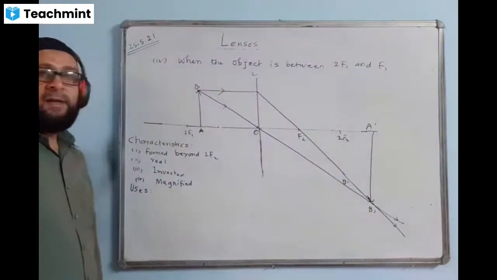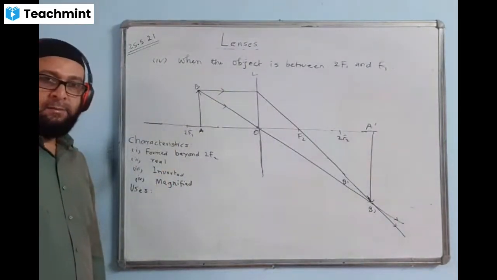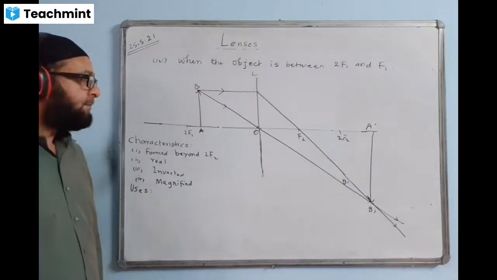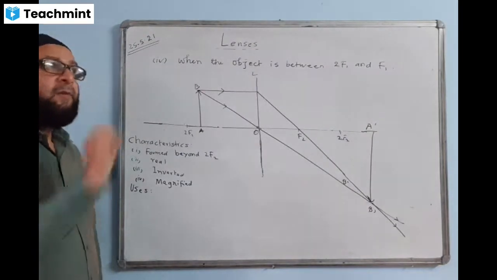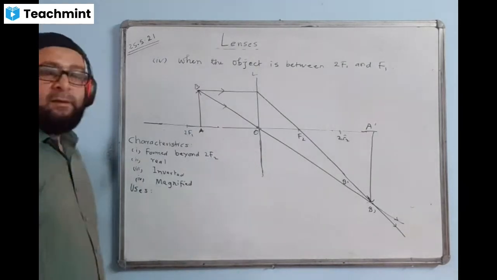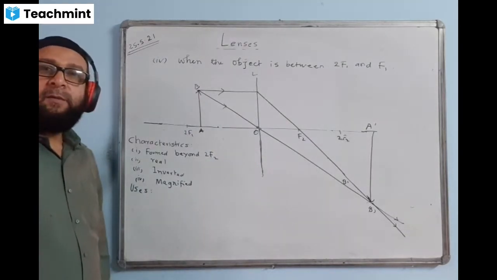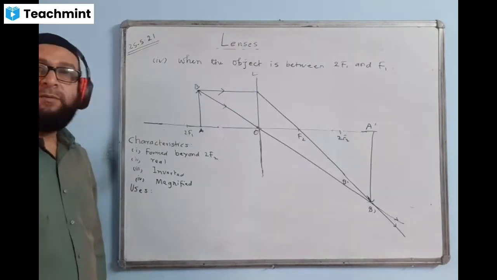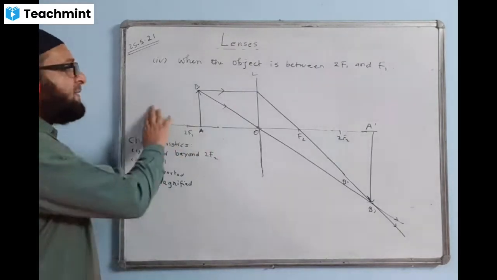Where do we use this action? I told you already, film projector. This action of the convex lens is used in a film projector. In film projecting on the screen, the image has to be real, like this. One thing, where should the observer be in order to see the image? Which side should the observer be, on the left side or on the right side?